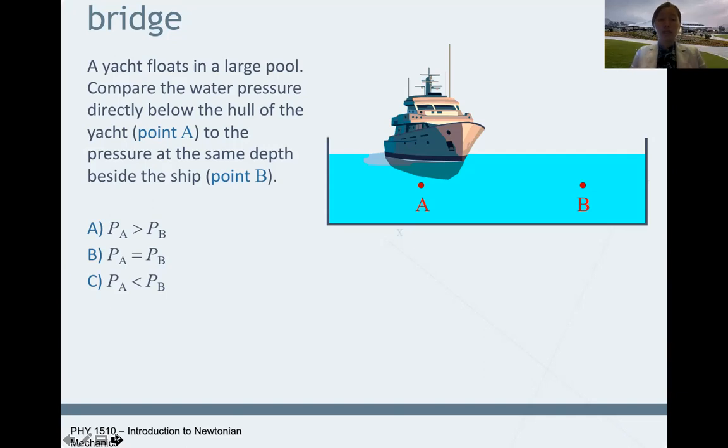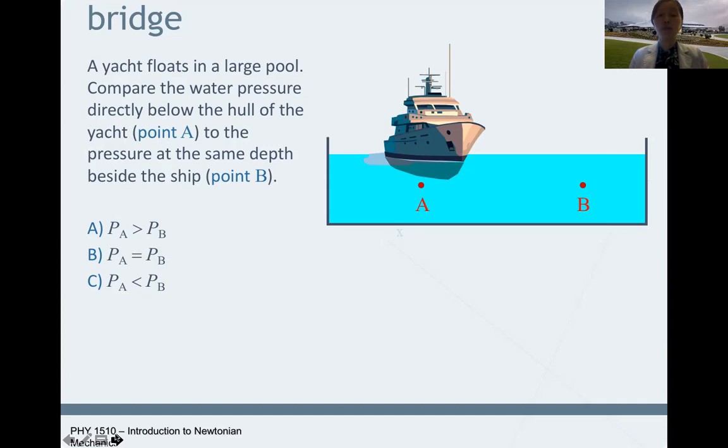One idea people may have is, well, I'm under the boat. Wouldn't that somehow affect my pressure under A? But look at this container, this is all connected. What points A and B have in common is they're at the same depth below the surface.